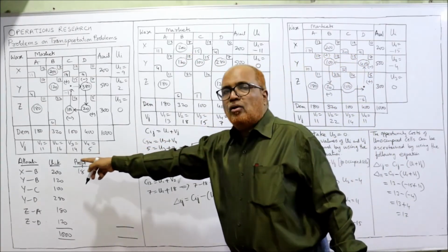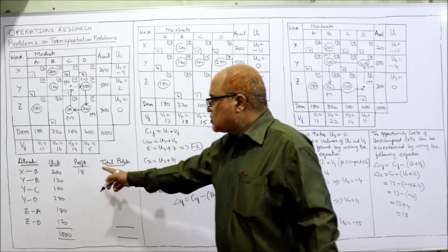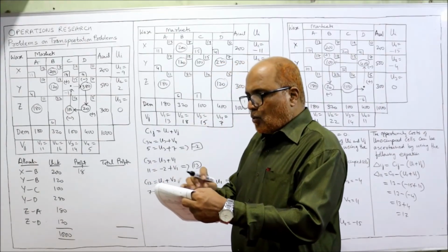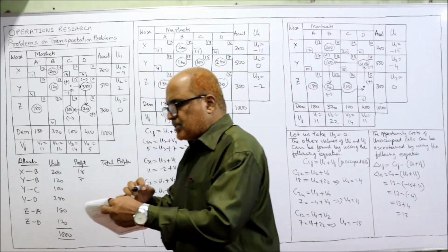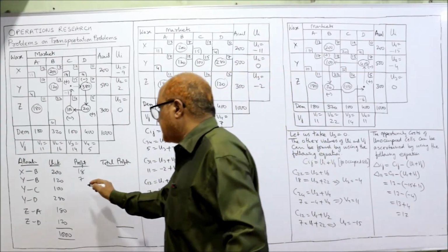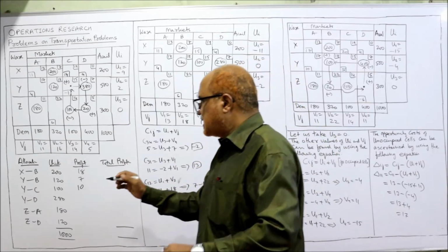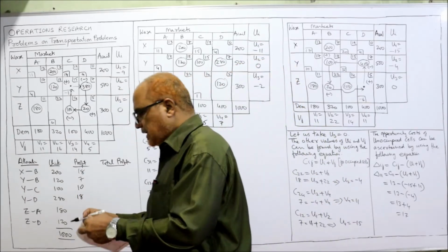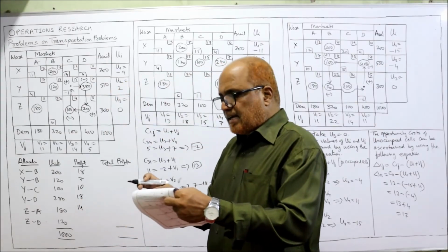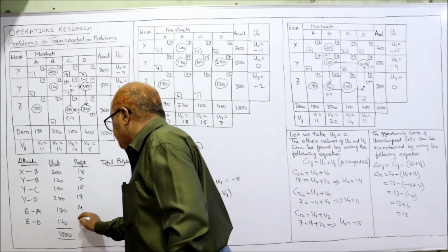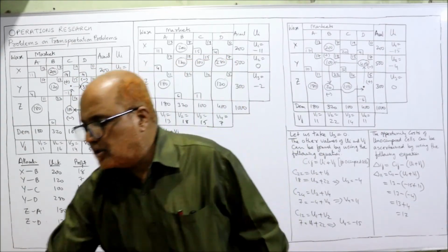Once we got the allocations, we go to the original problem to take the profit. So 18, Y to B it is 7. Then Y to C it is 10. Then Y to D it is 18. Then Z to A it is 14. And Z to D it is 20. These are the profits per unit.